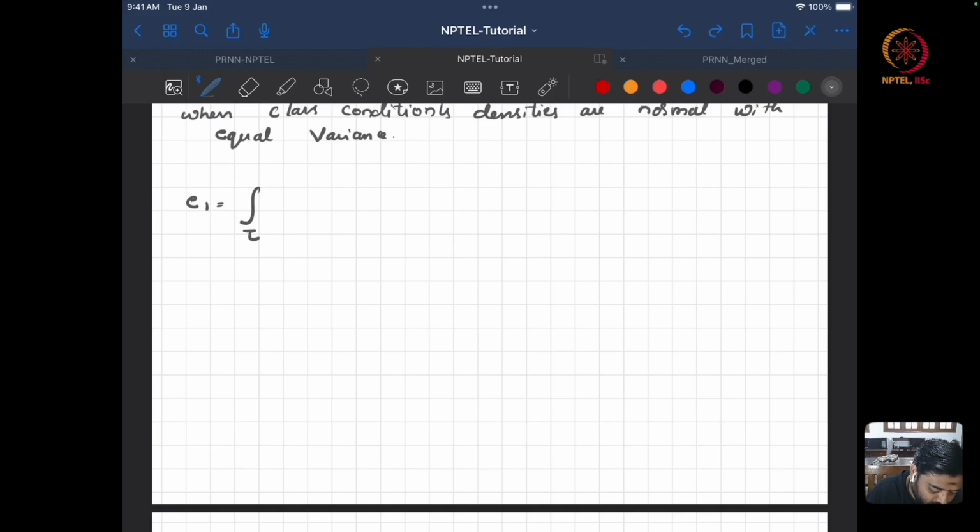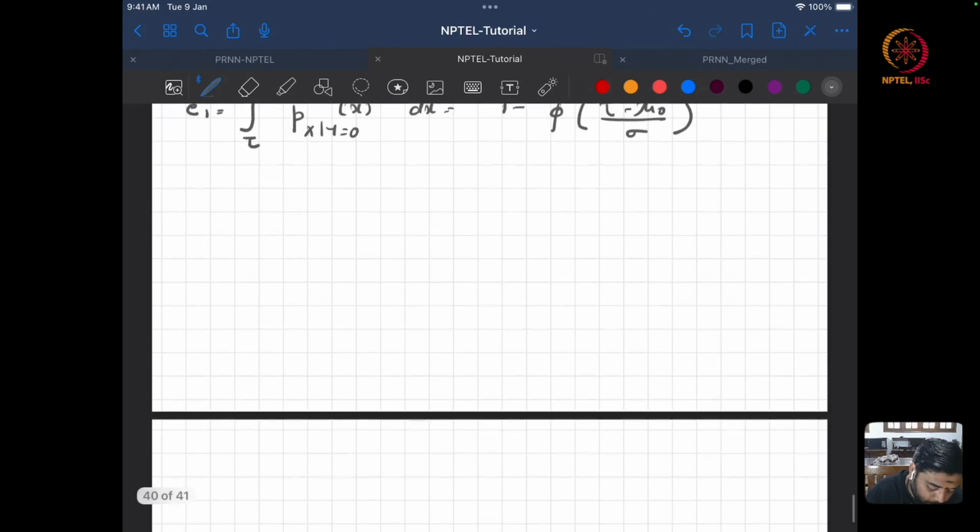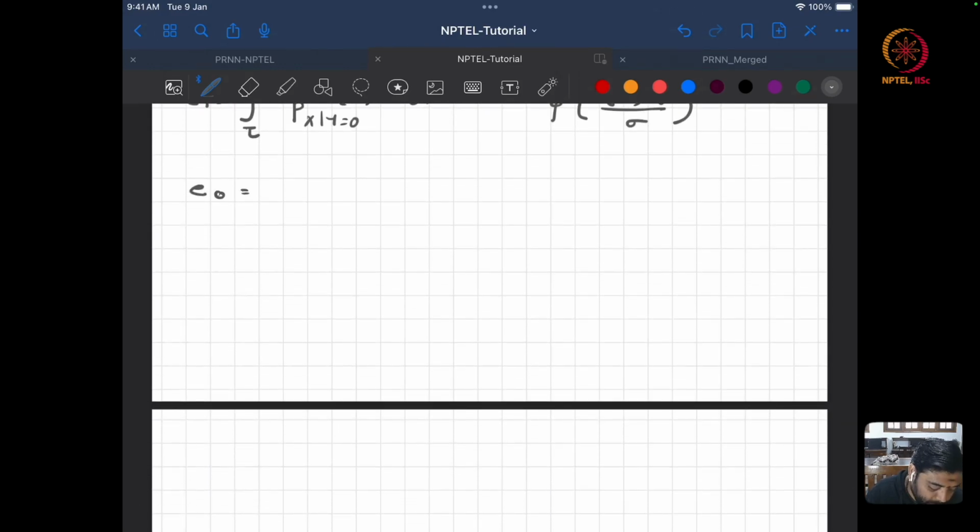This is not minus infinity, it is tau to infinity. Probability of x given y equal to 0 dx equals 1 minus psi of (tau minus mu naught) divided by sigma, and E naught is the integral from minus infinity to tau of x given y equal to 1 dx.